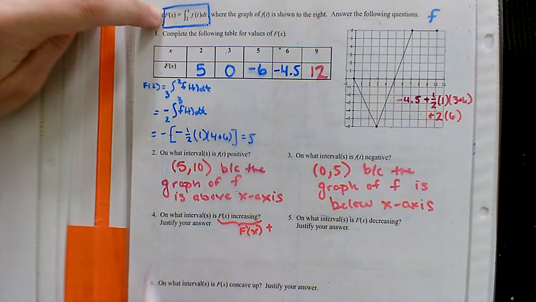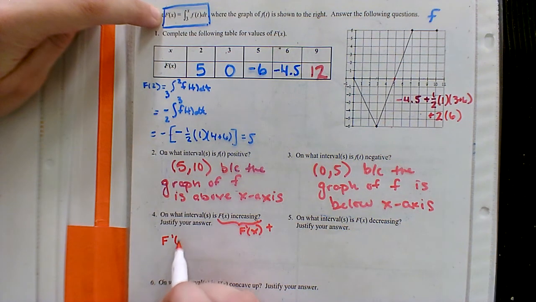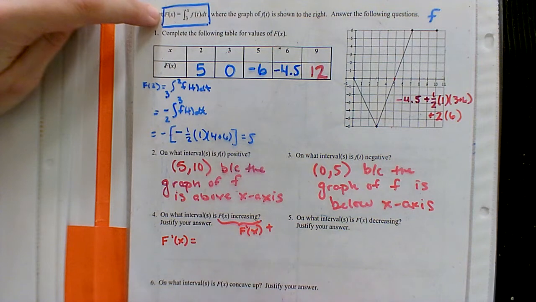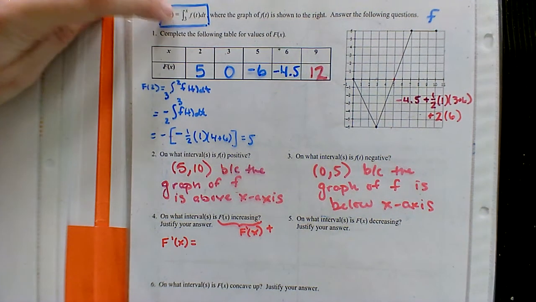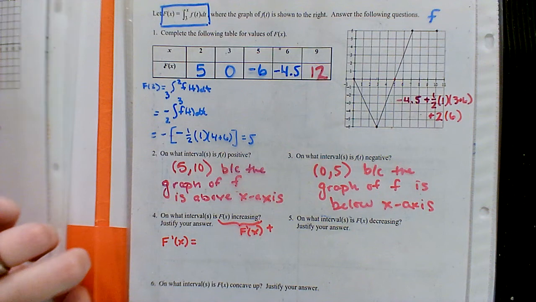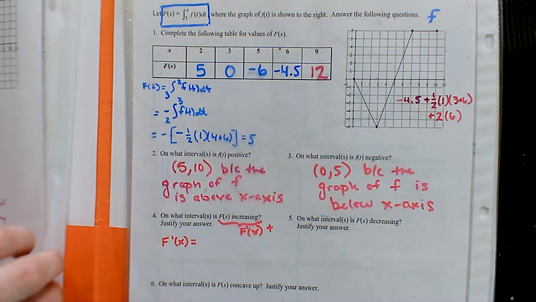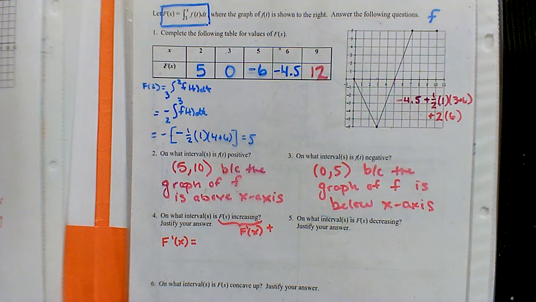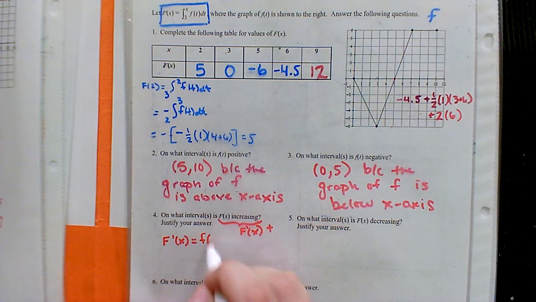If we took the derivative of capital F, which is basically the left-hand side of that equation, how do we take the derivative of an integral? Second fundamental theorem of calculus. What would we be left with? Just f of x. Good.